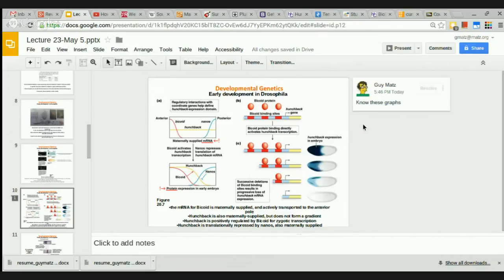So you have to be careful to understand the distinction between the two. Notably for hunchback, which is a gap gene, under the control of nanos, you see that hunchback mRNA is stable throughout the embryo, but the protein follows a completely different pattern from the mRNA. So you have to understand that.